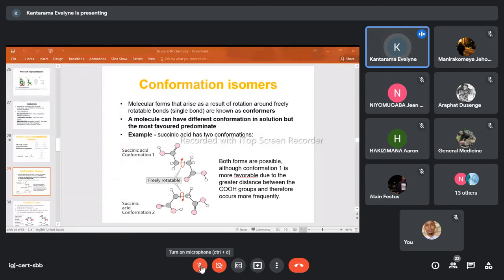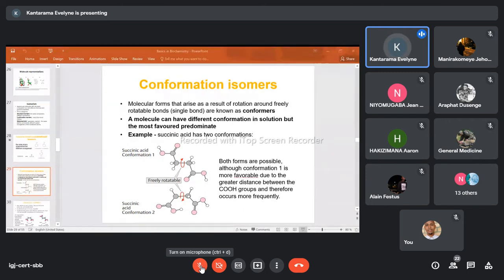Both forms are possible, although conformation 1 is more favorable due to the greater distance between the carboxyl groups, and therefore occurs more frequently. You see, this is our COOH, the carboxylic group here.